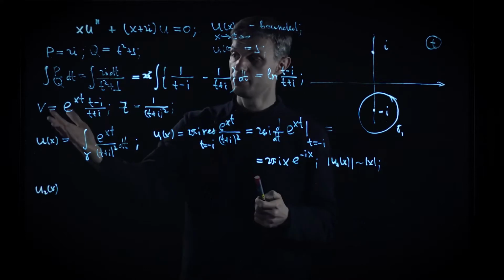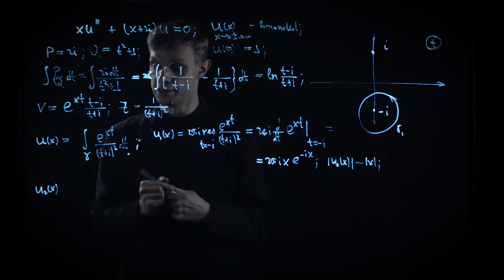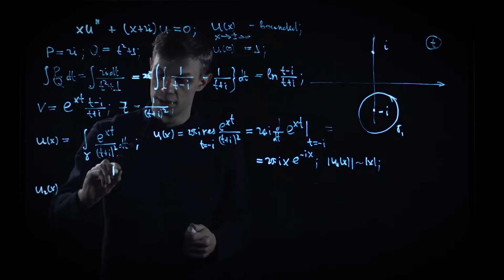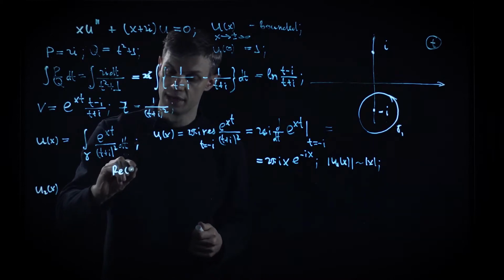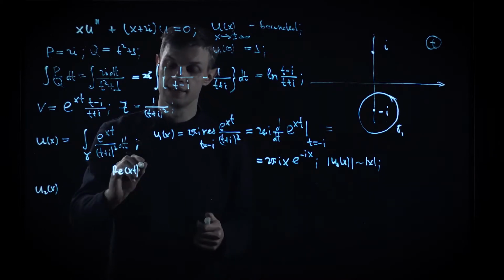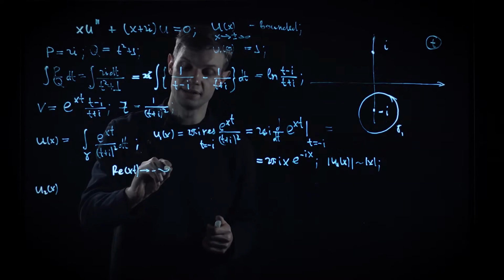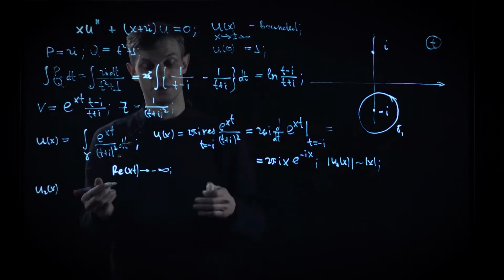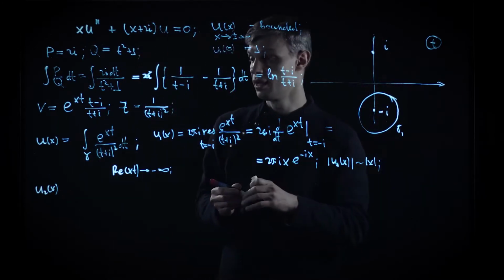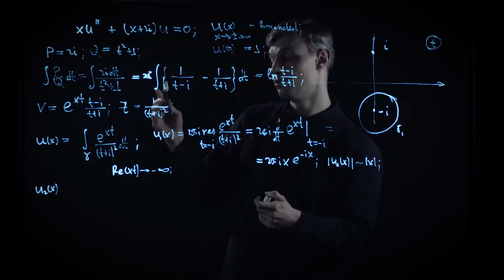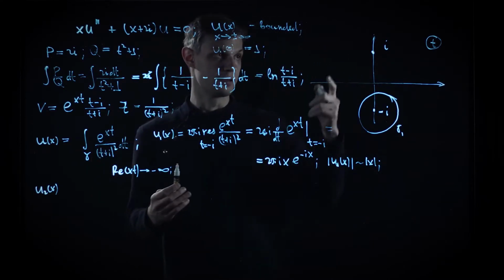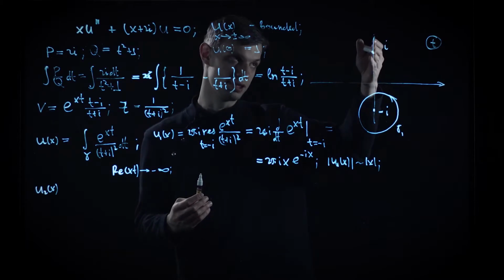When we look at our V function, we realize that as soon as the real part of xt tends to minus infinity, if t goes to infinity in the complex plane, then that would be the possible end of our contour, because the beginning would be at the point t equals i.